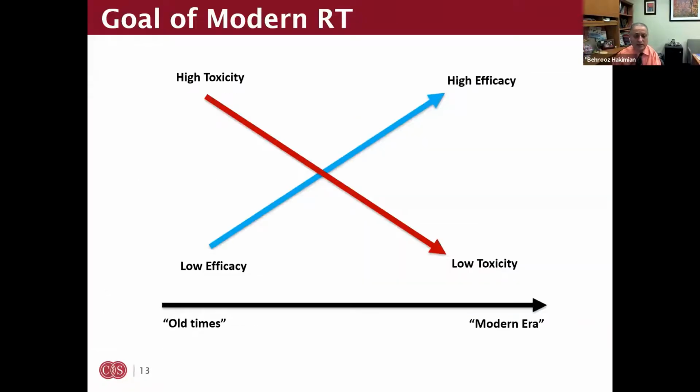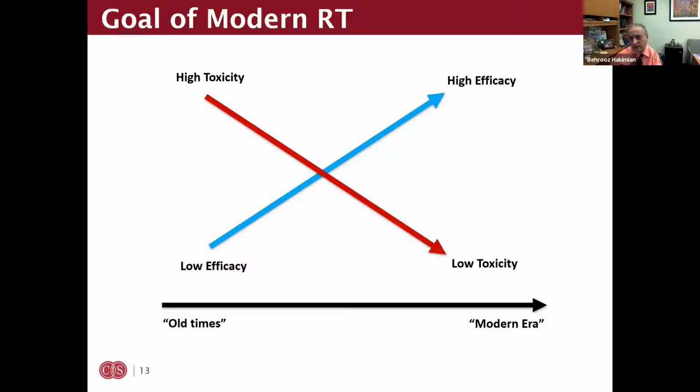So what has been done in the last 15, 20 years since I graduated? I think we have seen that the quality of the radiation has improved significantly. As the quality has improved, we are reducing the toxicity of radiation, and we are also improving the efficacy of the radiation.